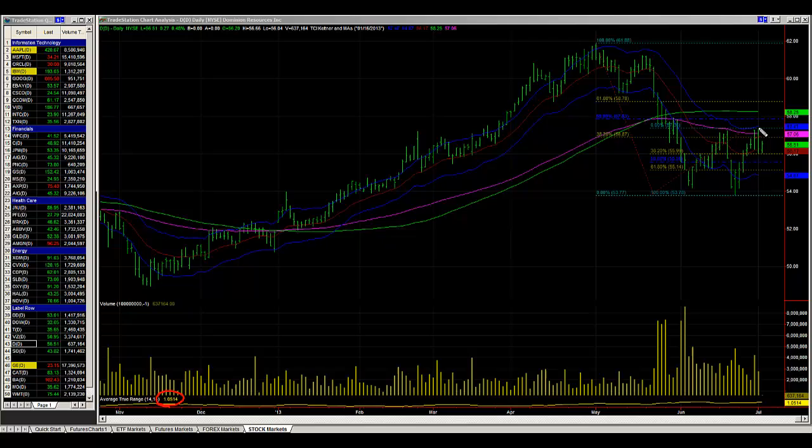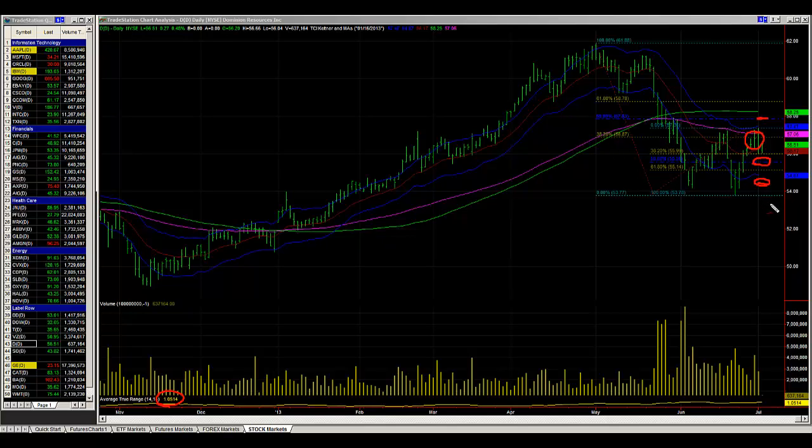So right around 57.90 with your stop, just right around here. Relatively tight stop on that, depending on where you got in. Obviously your first target is right around here, and then the second target down in here.